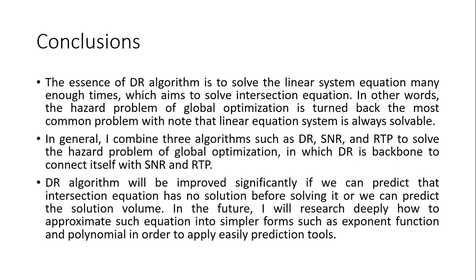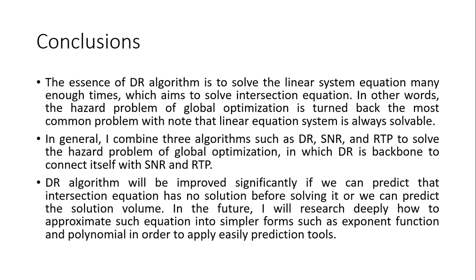Conclusion. The action of the algorithm is to solve the linear system of equations many enough times, with the aim of solving the intersection equation. In other words, the hard problem of global optimization is in fact the most common problem, with no guarantee that a linear equation is always solvable.